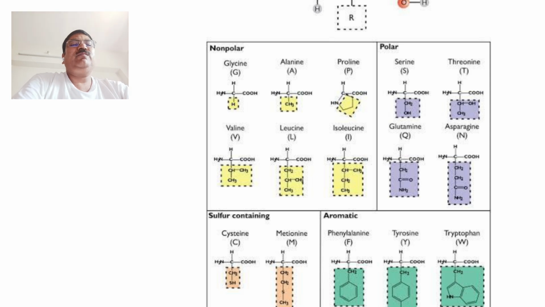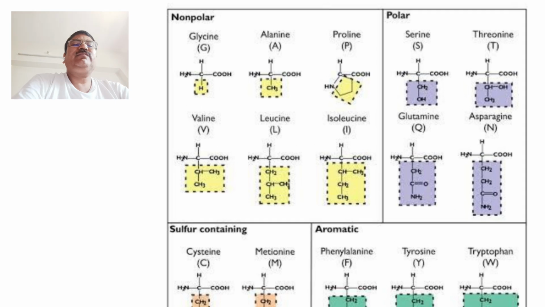In the non-polar alpha amino acids, remember that the R group is always an alkyl group, which is non-polar, or some alcoholic groups which are also non-polar. So non-polar alpha amino acids contain a non-polar R group. For example, glycine.